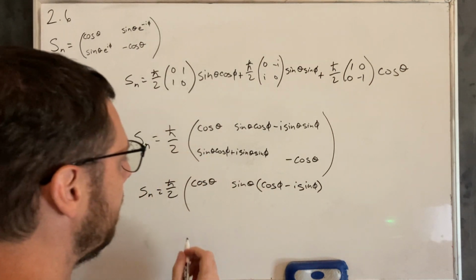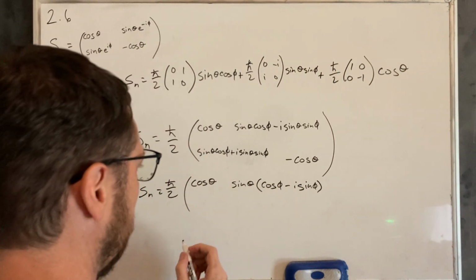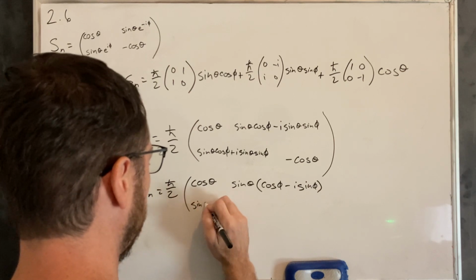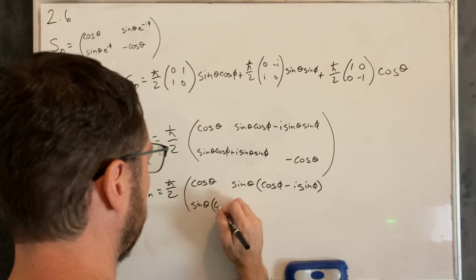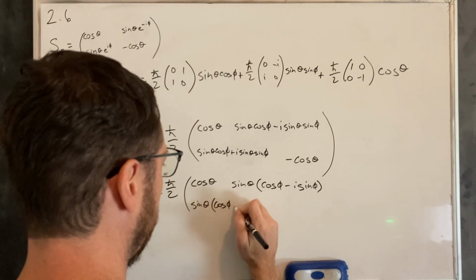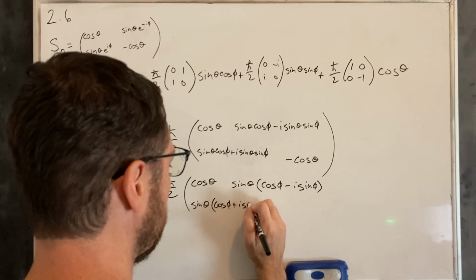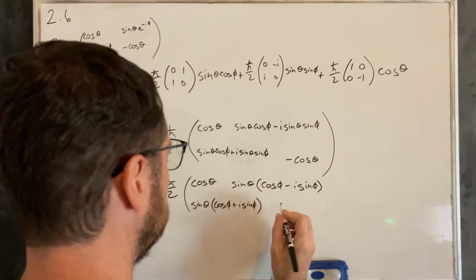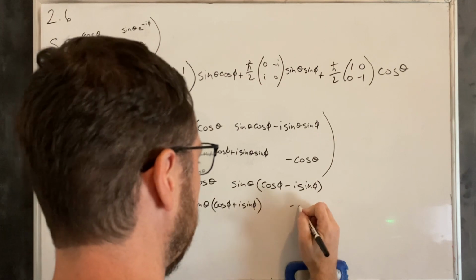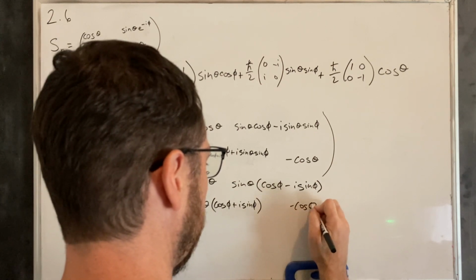Right here, we can factor out a sine theta. So sine theta, we have cosine phi plus i sine phi. And here, we just have negative cosine theta.